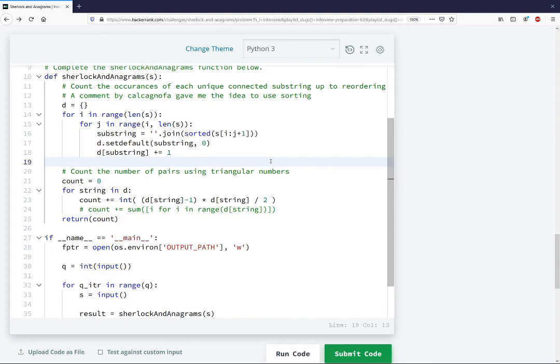And also recognizing that sorting the strings is a really useful tool for this, because the first time that I tried solving this, I didn't use sorting, and I had a manual function that determined if two strings were anagrams of each other, and it was not efficient.